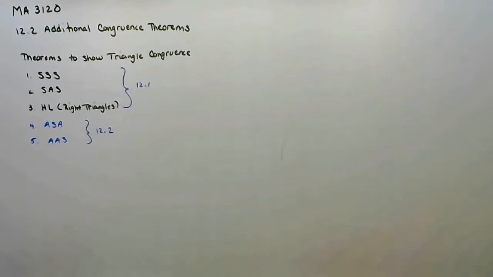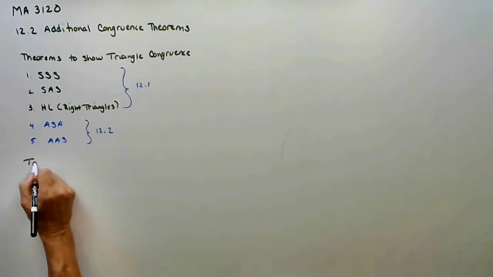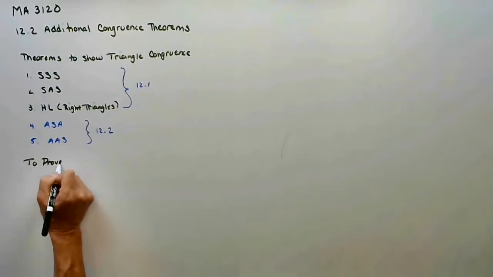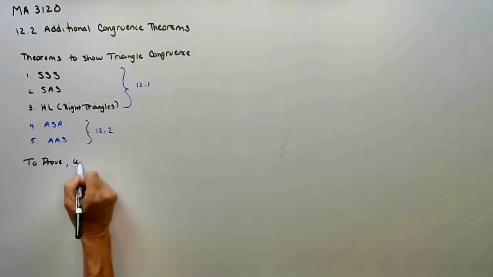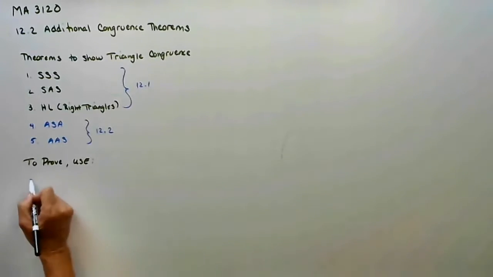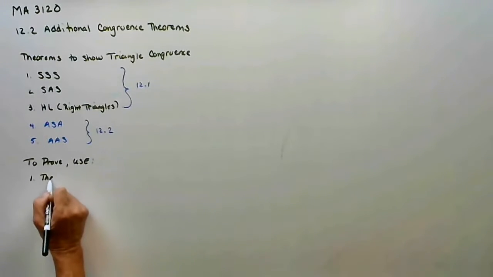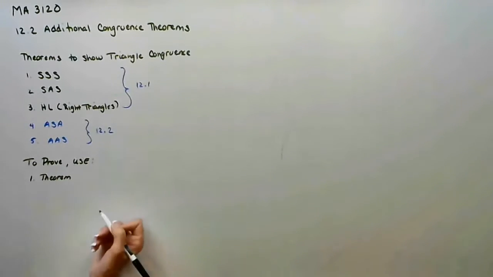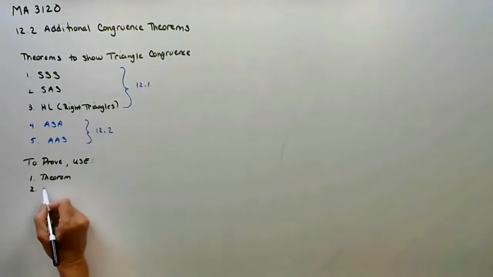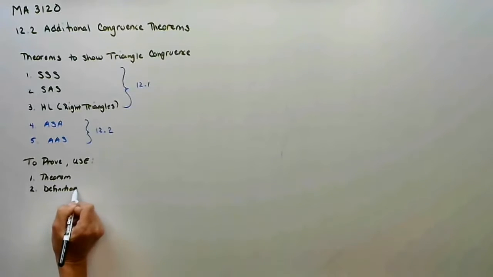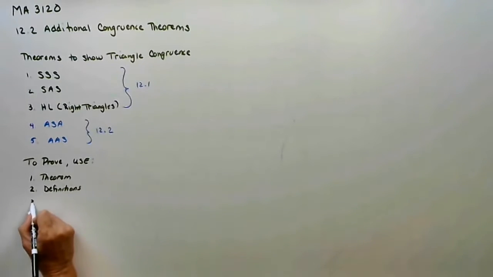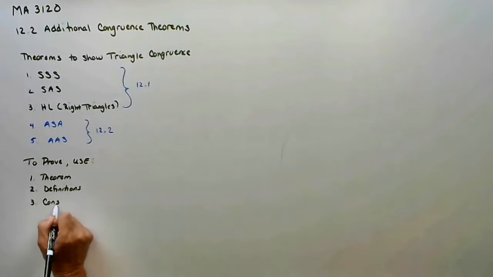Now, to do a basic proof in geometry, we are able to use, and we've kind of done this before, but I apologize if we haven't spoken about it lately, any theorem that's already been proven. We can use definitions. We can use constructions.